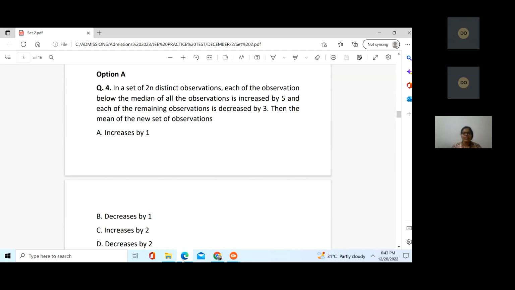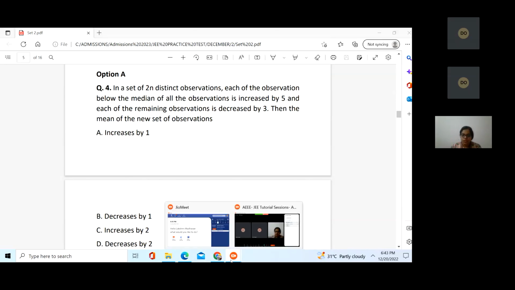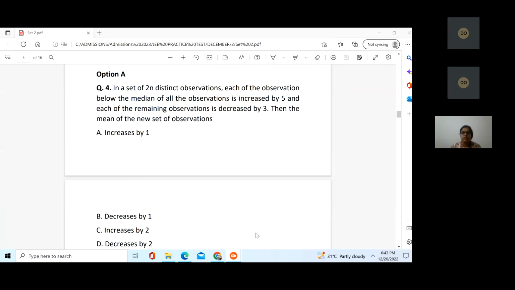And they are not asking for any exact value as an answer. They just want to understand whether it will increase or decrease, and by what value, whether it's 1 or 2. So yes, students, please start answering the question.